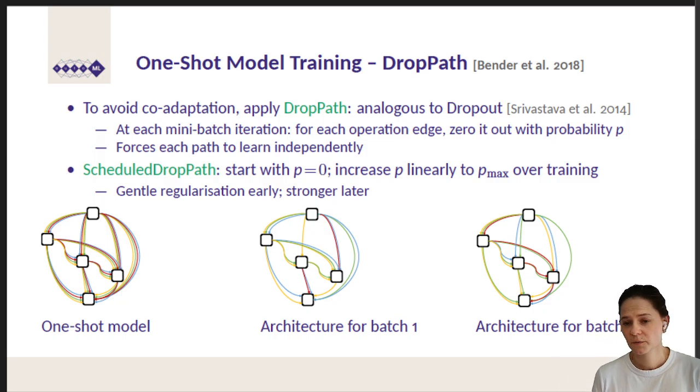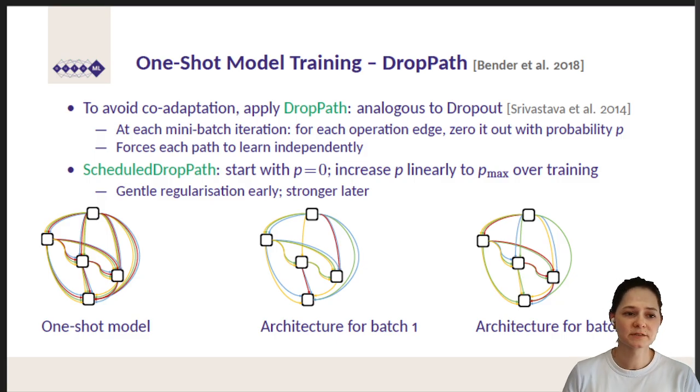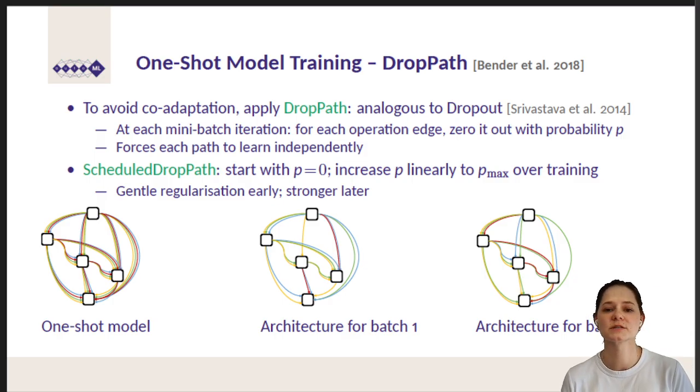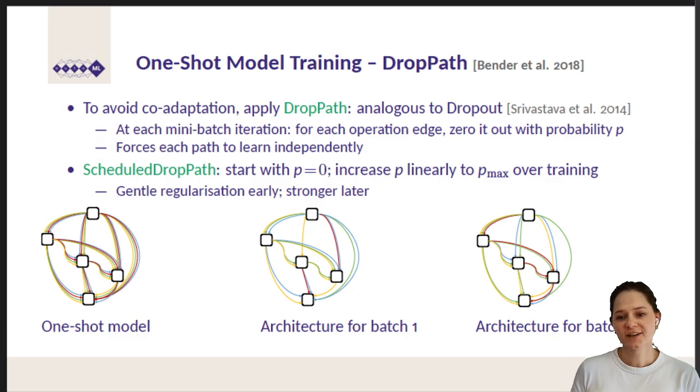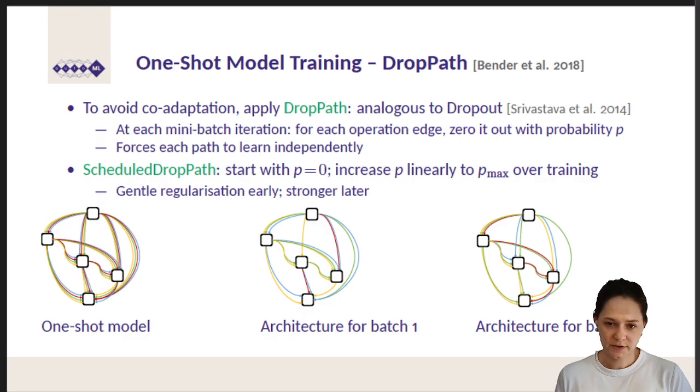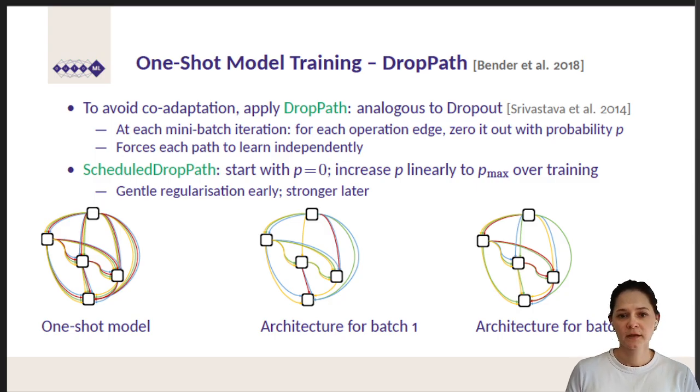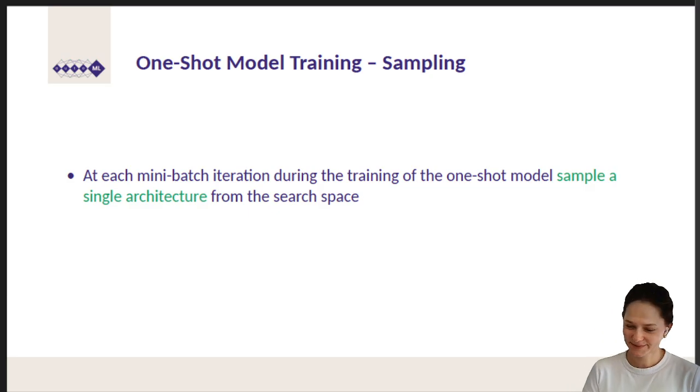And in the limit, one could say that the maximum probability becomes a very large number or even 1, meaning you would drop out all the edges, which doesn't really make sense. So therefore the trick the authors propose is to drop all the edges but 1, and therefore do exactly what one would do at sampling, which we will talk about next. So therefore resulting in one particular subnetwork, and just training that at a time, and therefore training the weights for that particular subnetwork at a time. So we mentioned sampling, and now we want to look more into sampling.